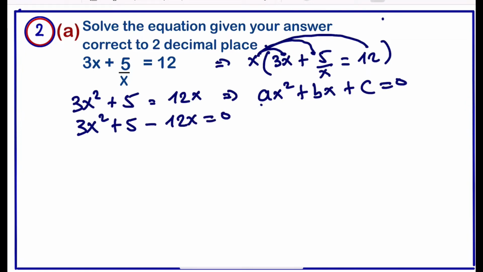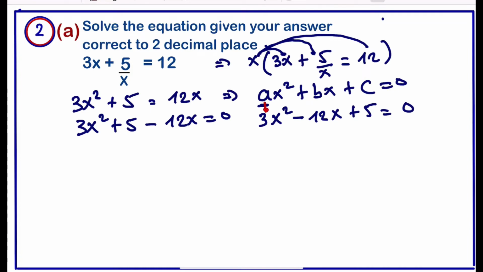But arrange it in this form. So a should be closer to x squared. So we have 3x squared plus bx, the constant with x as a variable. So here we can see that we have minus 12x. So this should be minus 12x plus c, plus 5, equals to 0.